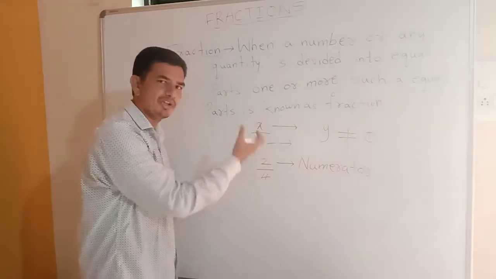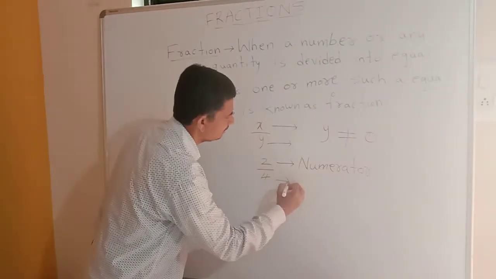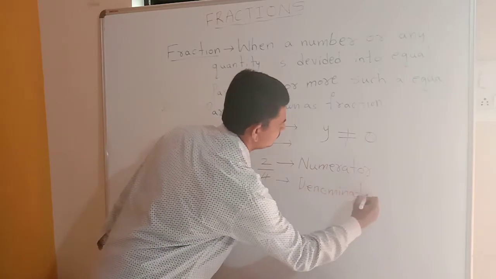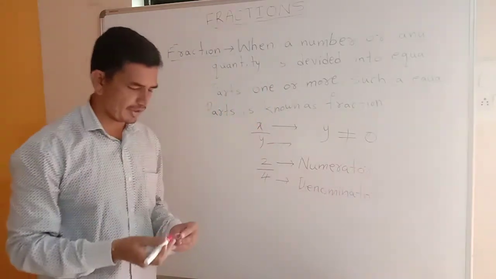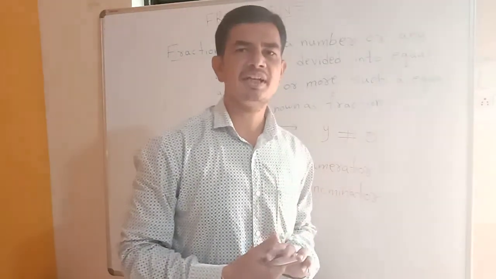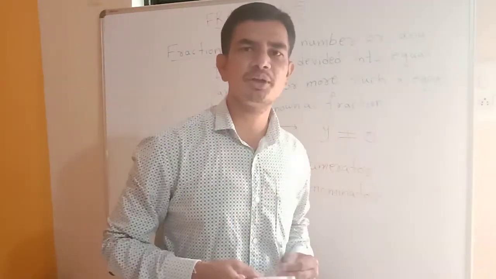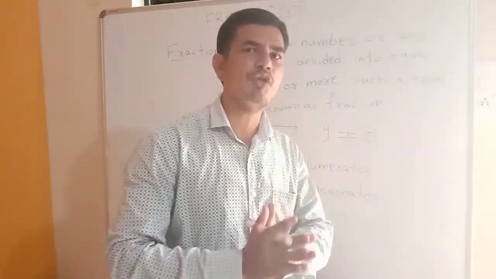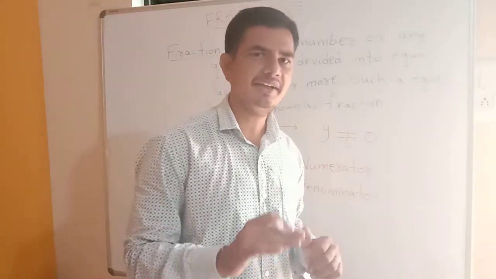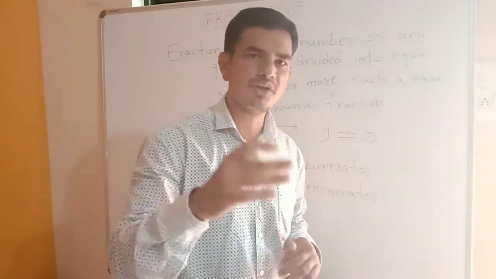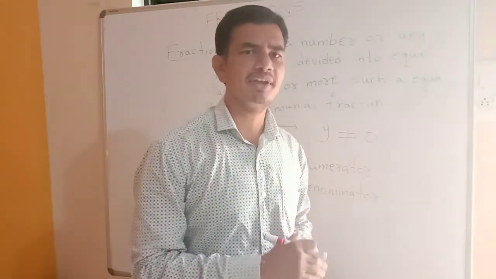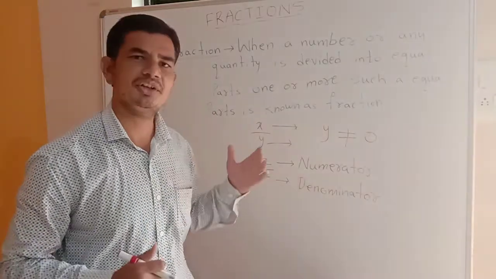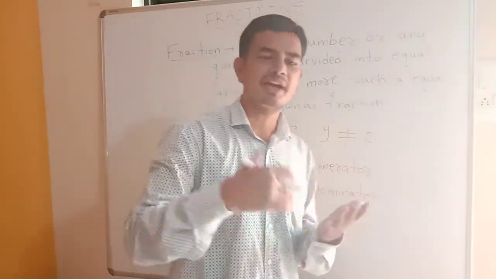In a fraction, the upper number is said to be the numerator and the lower number is said to be the denominator. Before starting any concepts in fractions, we have to understand which is the numerator and which is the denominator. Always the upper part is called the numerator and the lower part is called the denominator. So like this we can remember that.